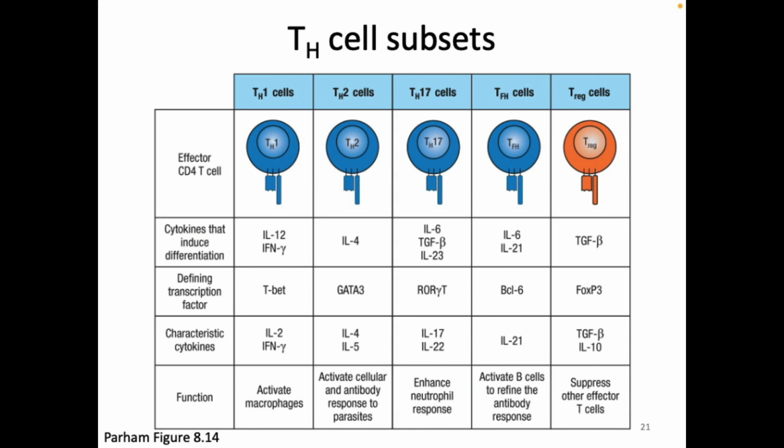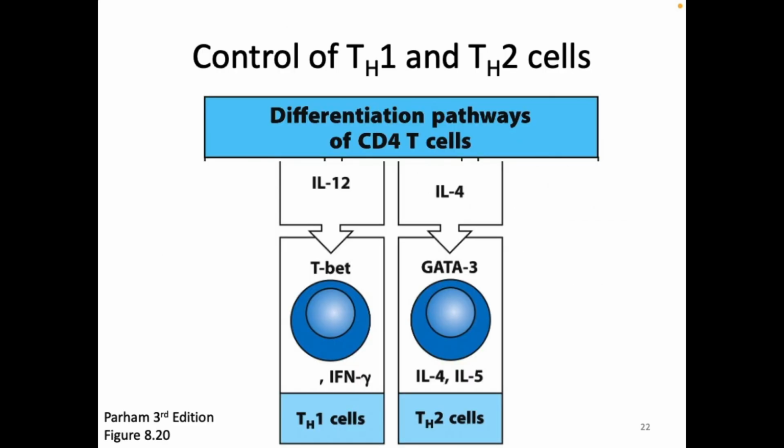This whole idea of thinking about helper T cell subsets was first described when somebody came up with the idea that maybe there were two kinds. At first, we just thought there were two kinds of helper T cell subsets. Actually, when I started graduate school, there were two kinds. When I ended graduate school, there were like 20. It was great.